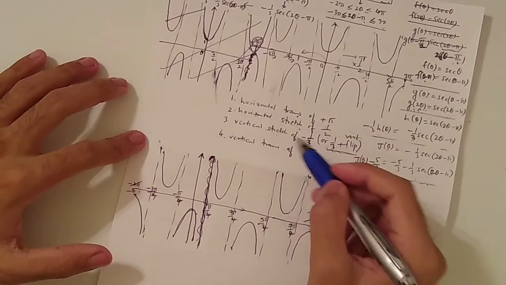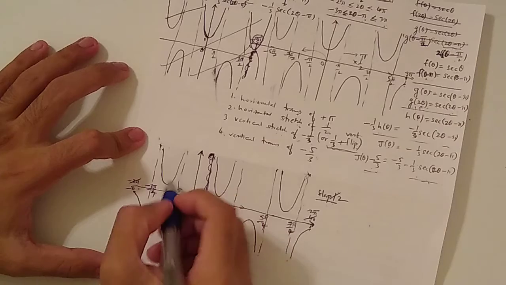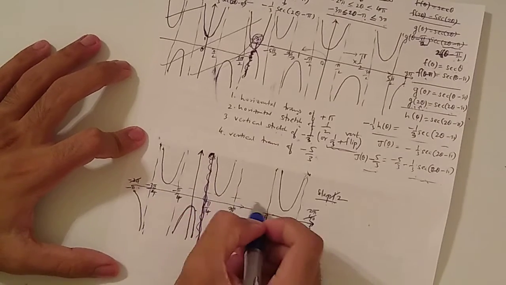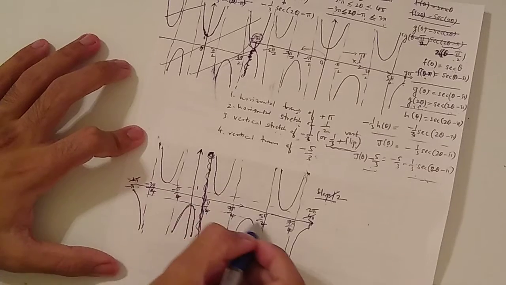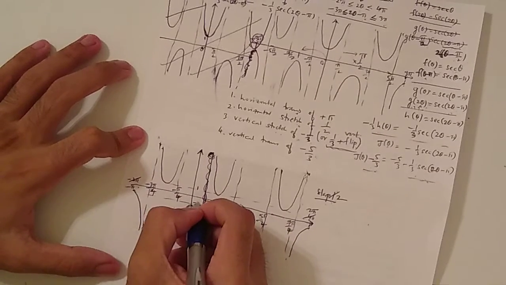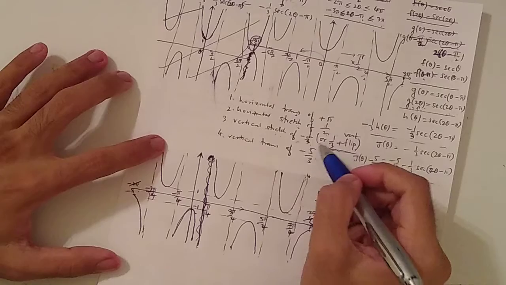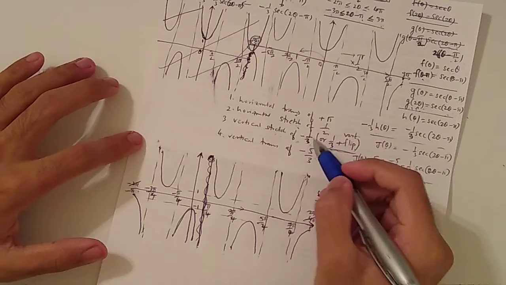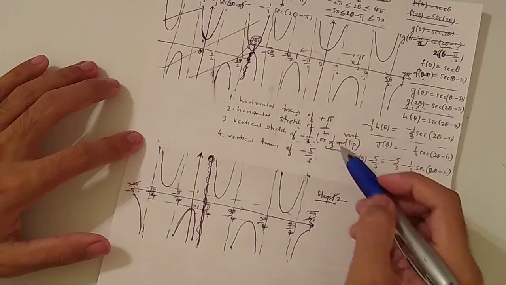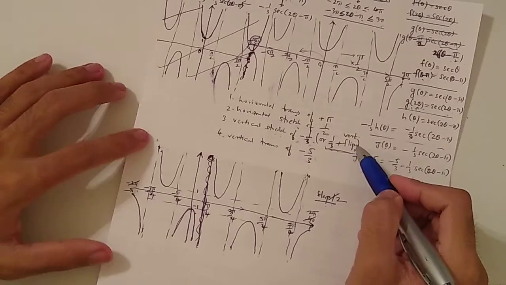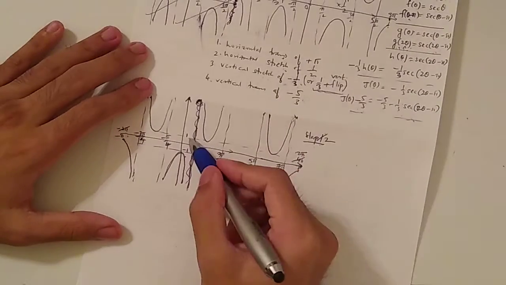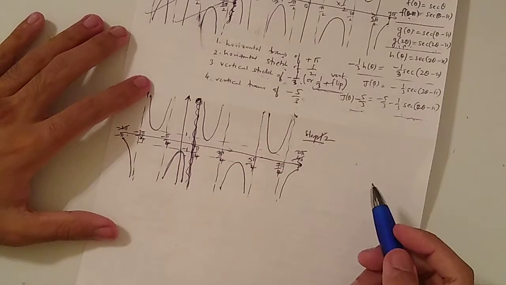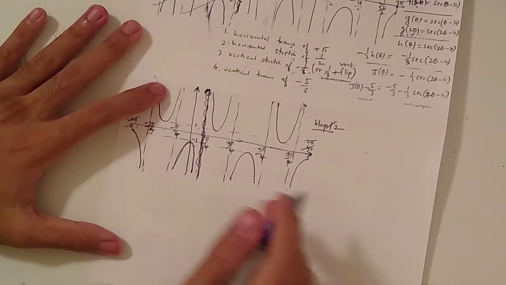Now the vertical stretch. If you notice, right now the maximum value over here is 1 and the minimum value over here is minus 1. But we are doing a vertical stretch of minus 1 by 3, which is, in other words, 1 by 3 plus a vertical flip. So we're going to flip the graph and multiply the values by 1 by 3.